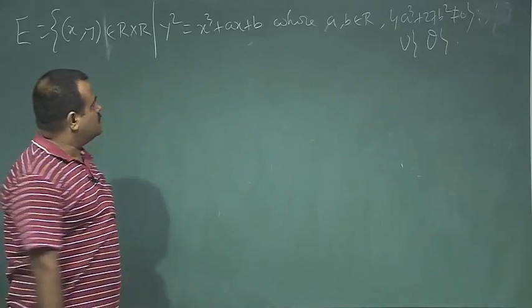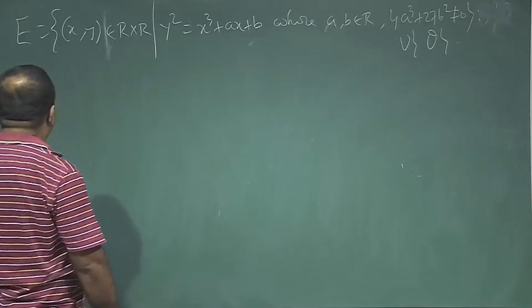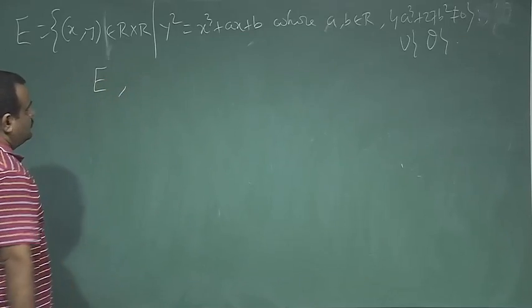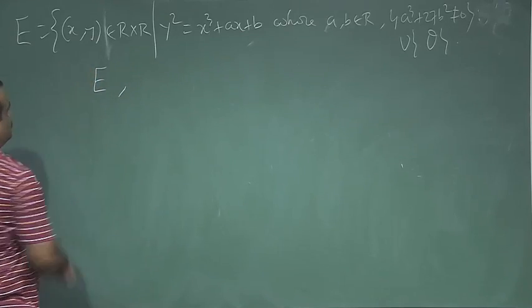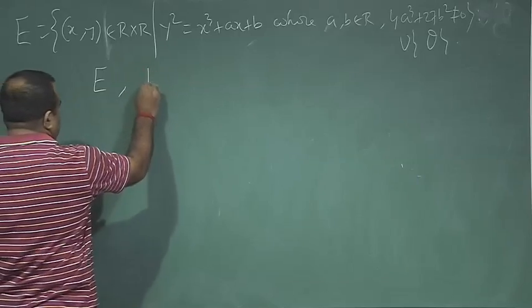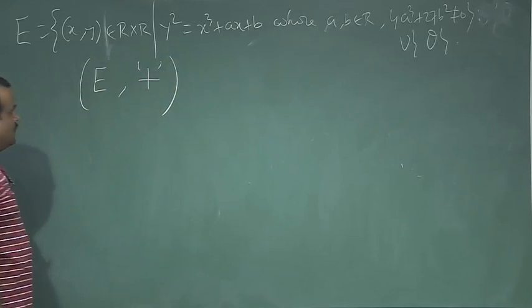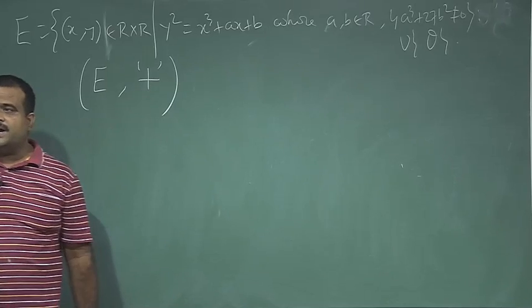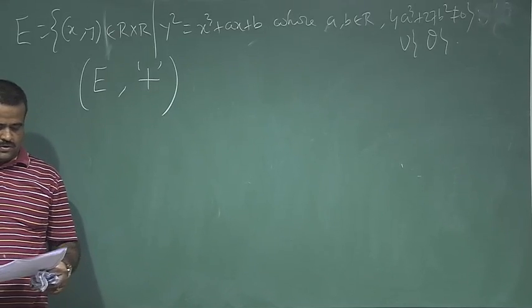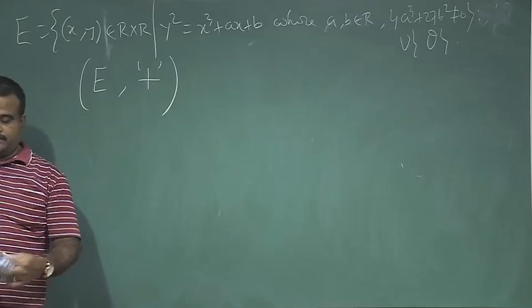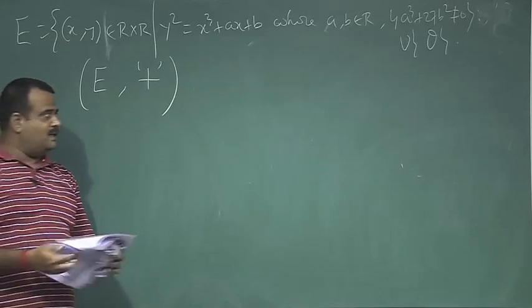So, this set is a set of the elliptic curve points. This set along with this operation plus, which we just now saw, the question is whether this will form a group or not, in particular whether this is an abelian group or not.